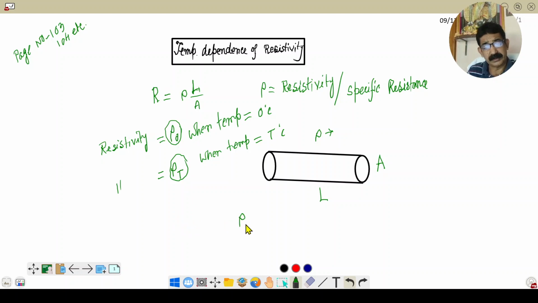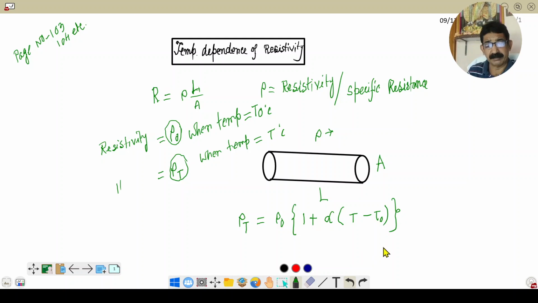Rho T is equal to rho naught into 1 plus alpha into T minus T naught, where temperature is equal to T naught degree centigrade or Fahrenheit. Bracket closed.